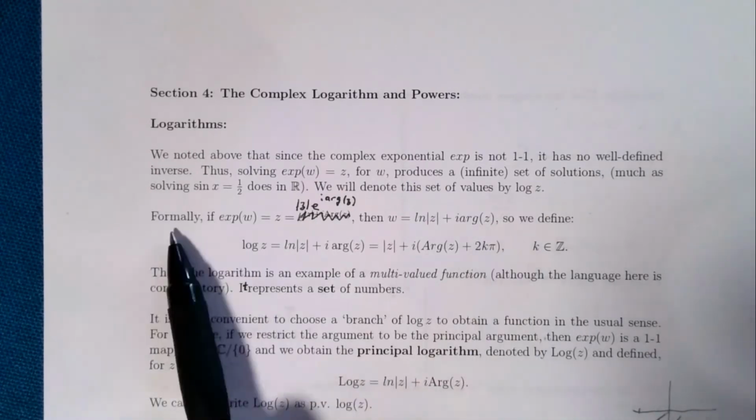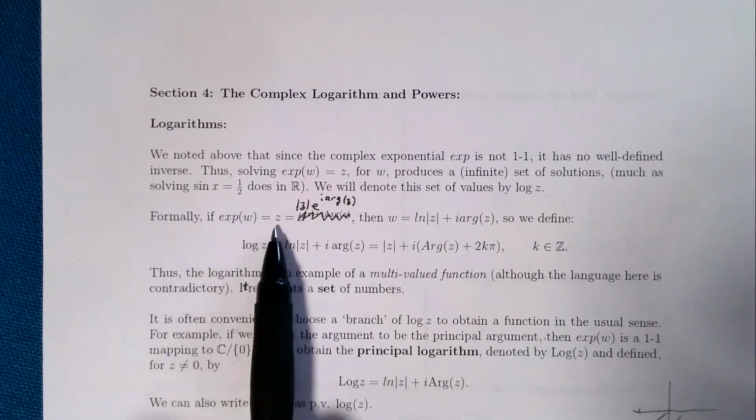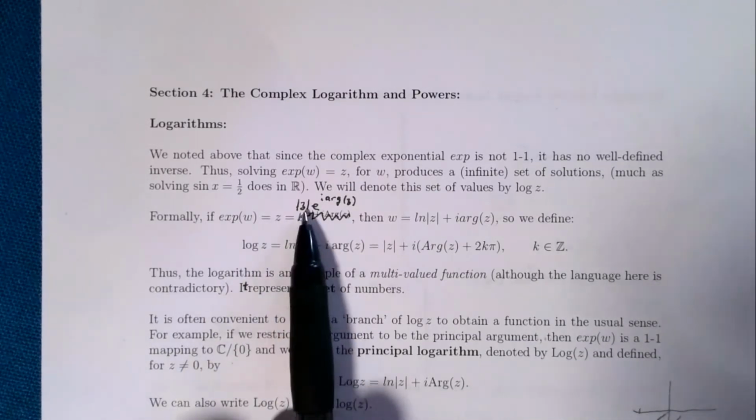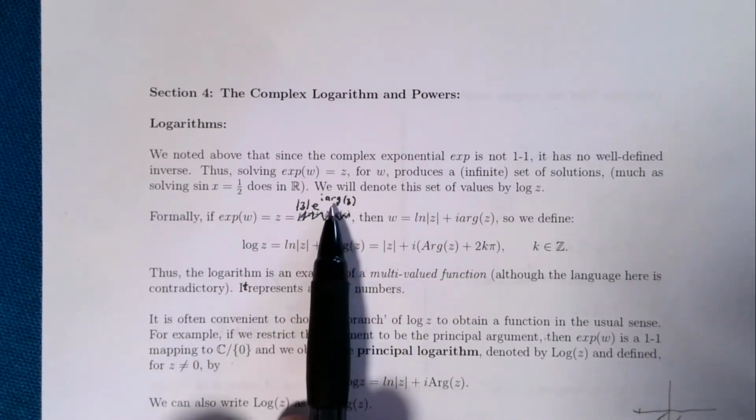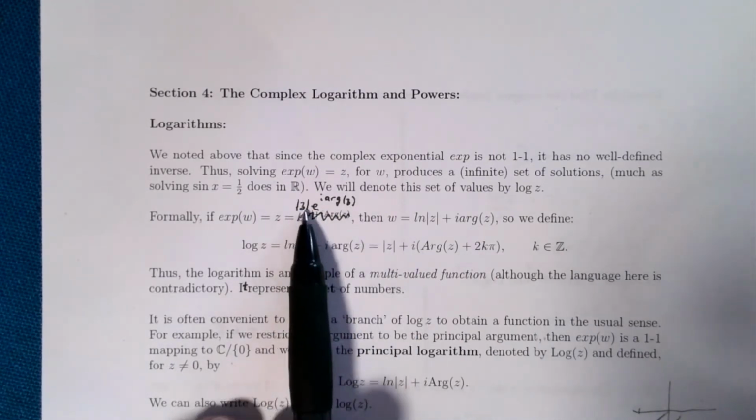So formally, if we just play with the symbols, if I write exp(w) = z, then I can write z in polar form as mod z e to the i arg z, where I'm taking here a general argument, not necessarily the principal one. And I can then simply formally think about taking logarithms of both sides, and using the ideas of log laws, I'm going to take ln mod z.